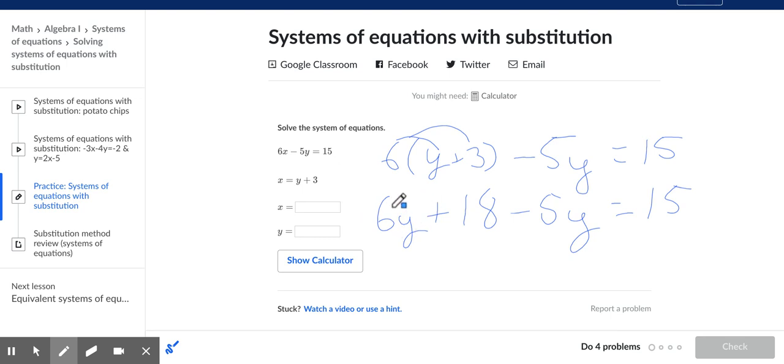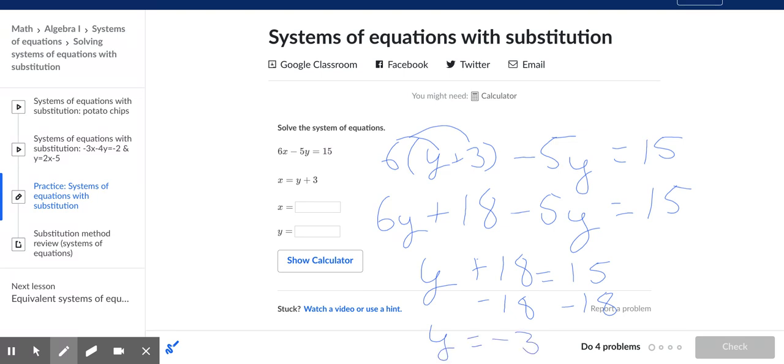So I have a 6y and a negative 5y. So I can combine those. So 6 minus 5 is 1. So I just get 1y, which is the same thing as y. Y plus 18 equals 15. And then the last thing I need to do is subtract 18 from both sides. 15 minus 18 is negative 3. So I get y equals negative 3.